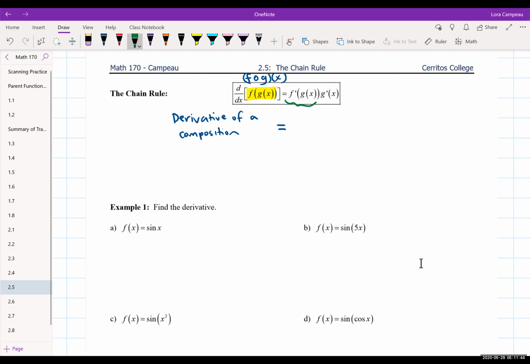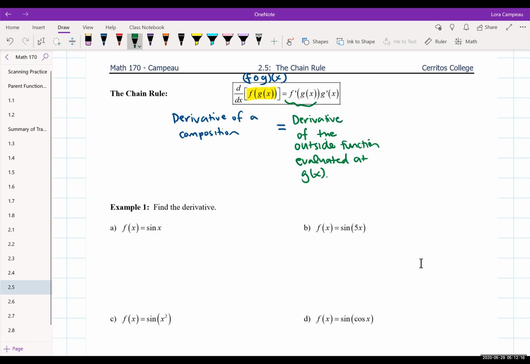When you see this f prime notation, it is a derivative, but it's the derivative of the outside function, evaluated at g of x. It's a little more practice with function notation.